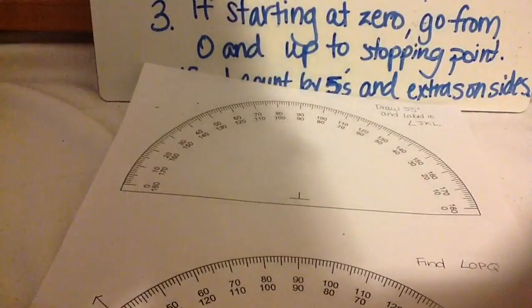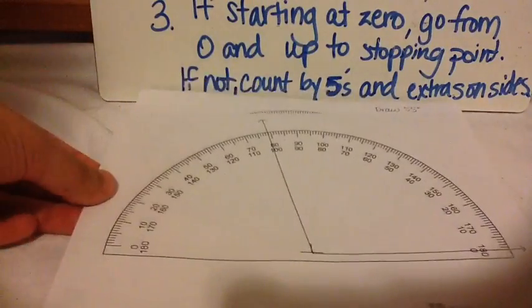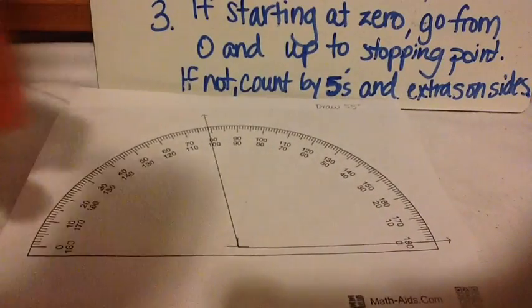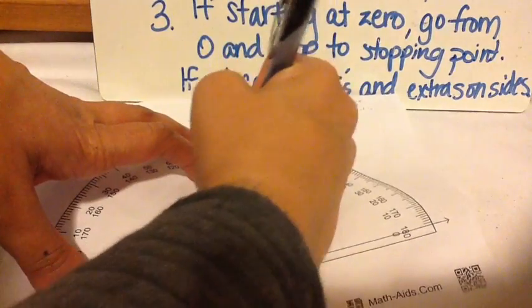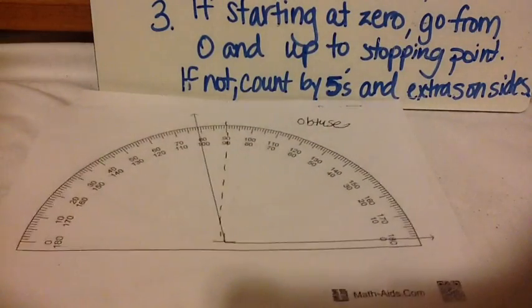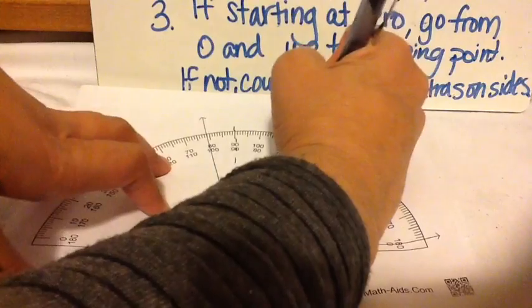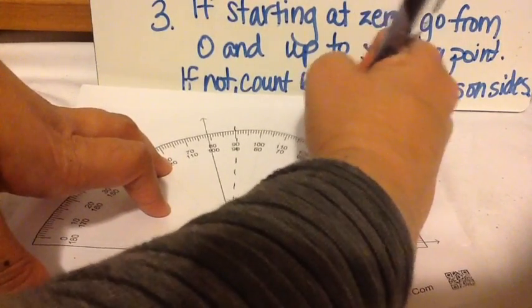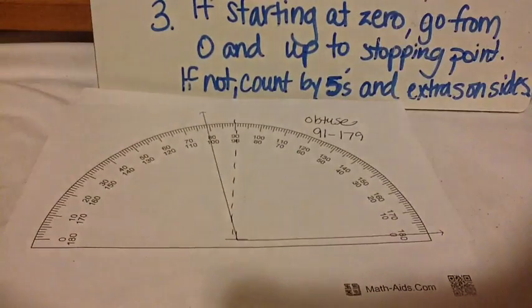All right, let's look at another example. Let's change it up. All right, this one right here. Notice it is wider than a 90-degree angle. So this is actually obtuse. So if it's obtuse, my answer is going to be between 91 and 179.